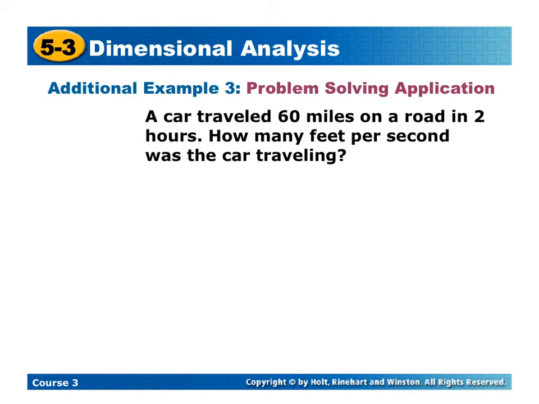Now sometimes the problems require us to change more than one unit. So here we're going to start with 60 miles in 2 hours. They want us to change it to feet per second. So we're going to pick one of the conversions to change first. So I'm going to change miles to feet.